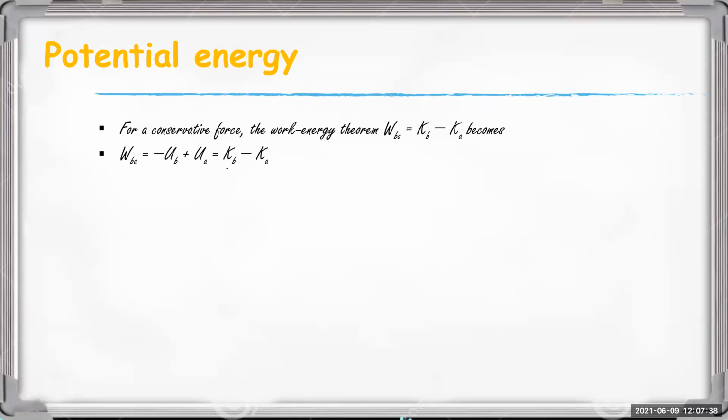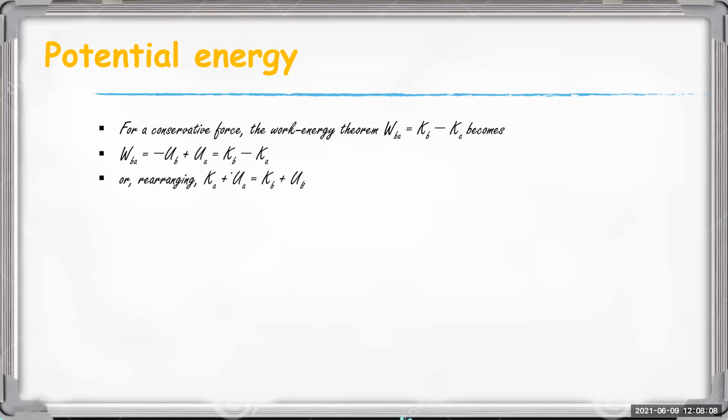So here we rearrange the equation by expressing the energies of the position RA on one side, as KA plus UA equals KB plus UB.